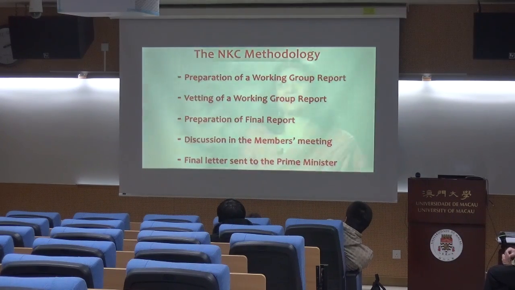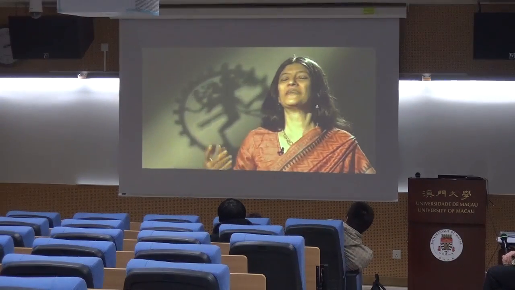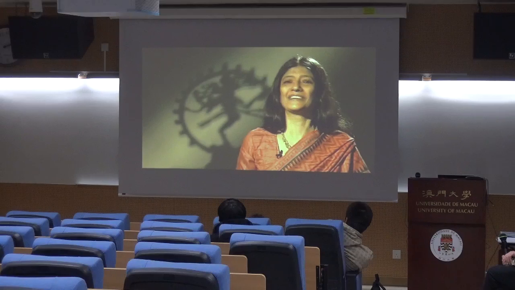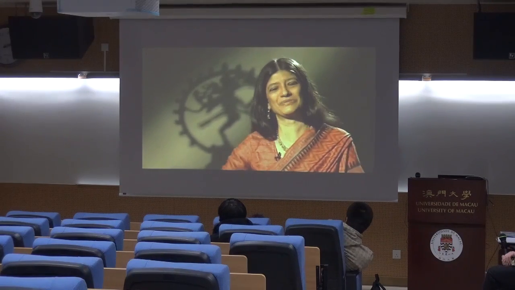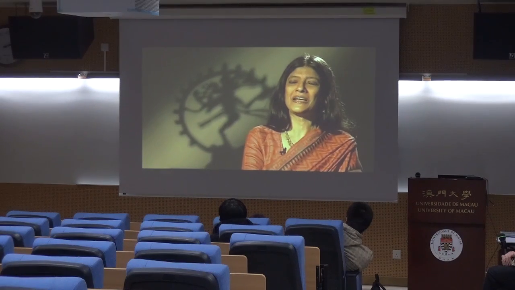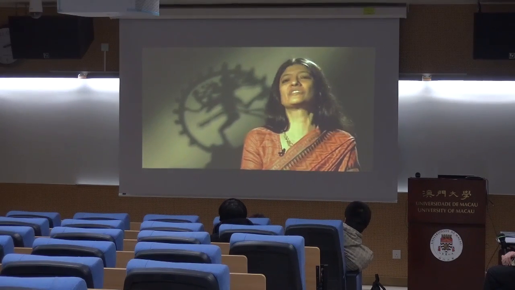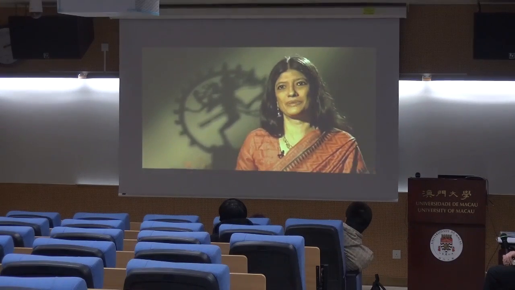Some of our workshops were actually very lively. The one group I remember in Lucknow staged a walkout because they didn't like what another group was saying, and we had to run after them to persuade them to come back in. So we had all kinds of things going on. But it proved extremely useful because I think we got a sense of the basic problems in different areas.